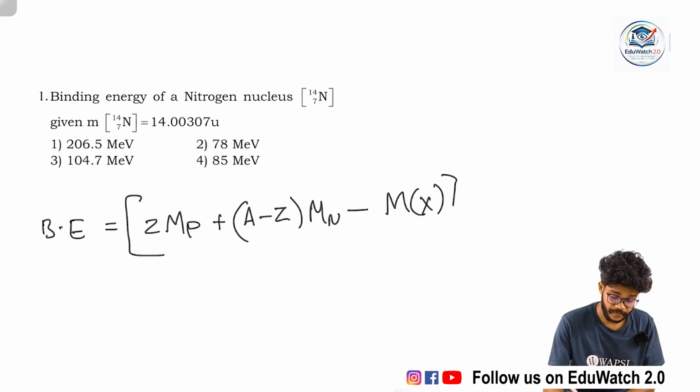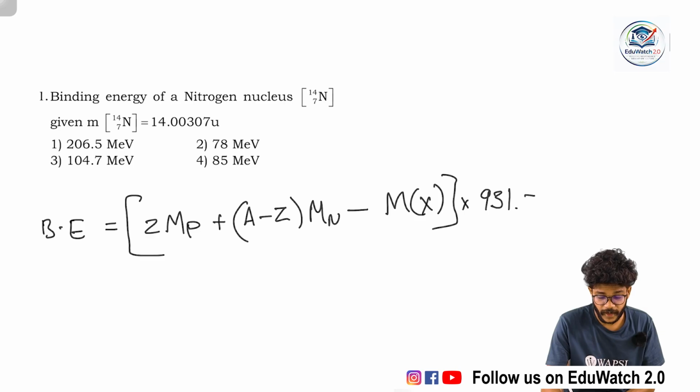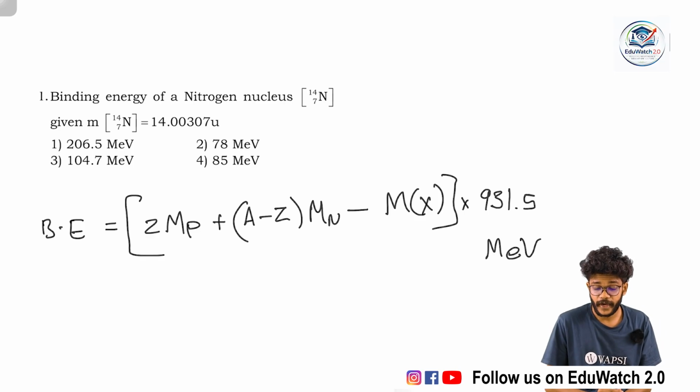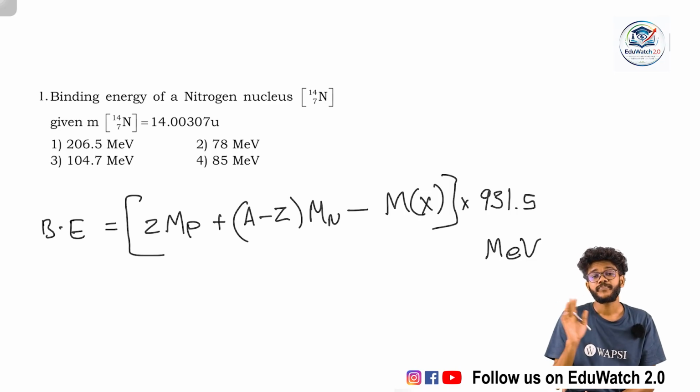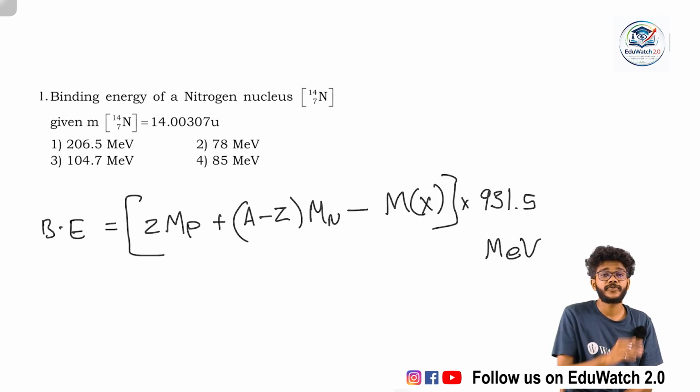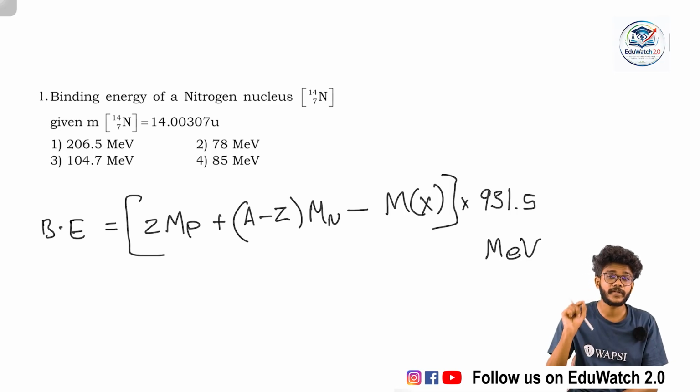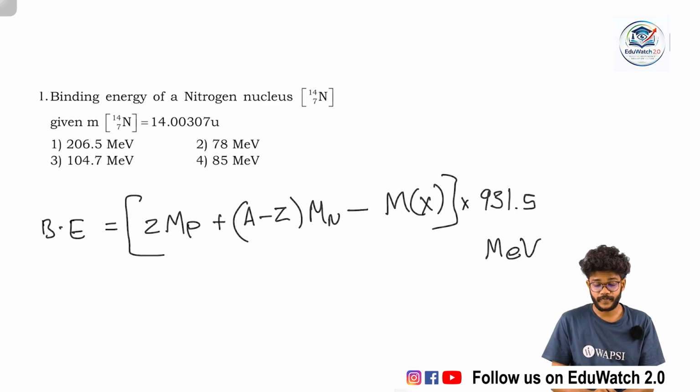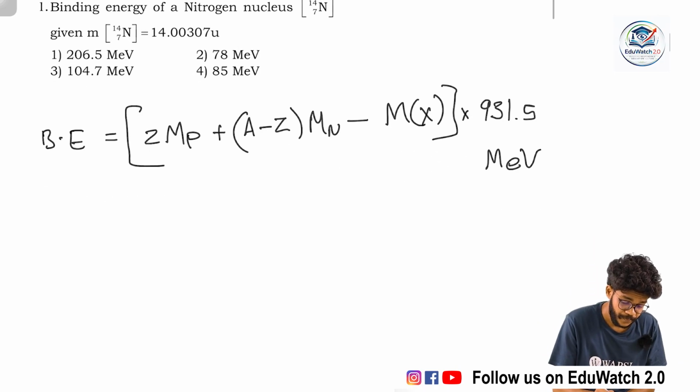Okay, so that is multiplied by 931.5 mega electron volt. 931.5 mega electron volt is the energy contributed by one atomic mass unit, 1 AMU.